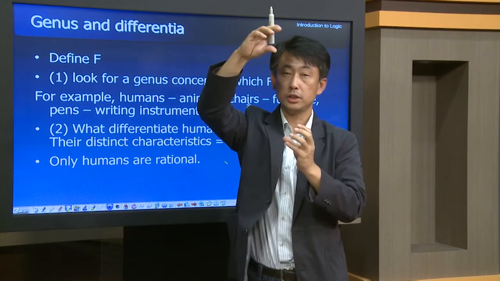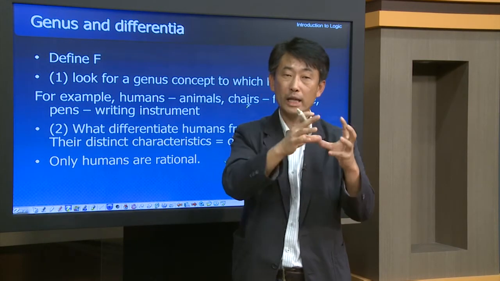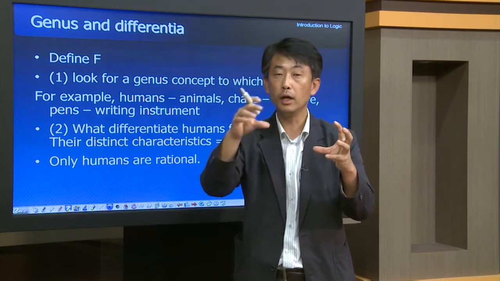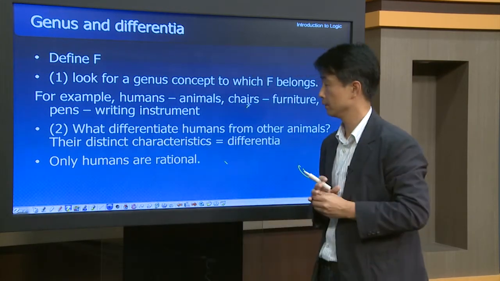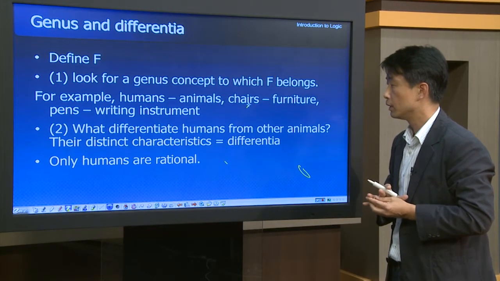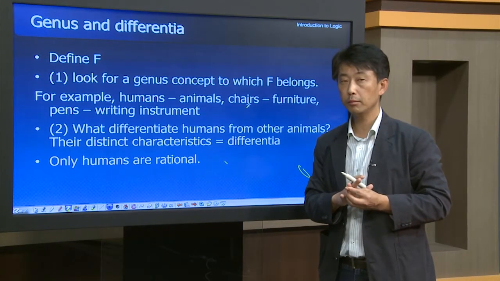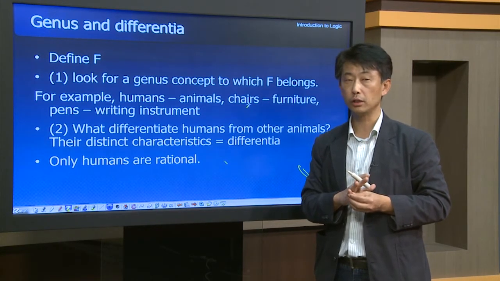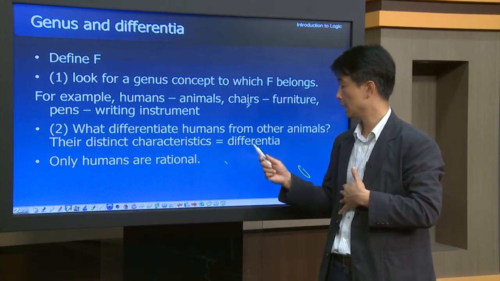So you go to the genus concept, and then you try to say what differentiates humans from other animals. That's the second step. Right? So you try to say humans are animals, but unlike other animals, humans are distinguished by such and such characteristics. That's called differentia.